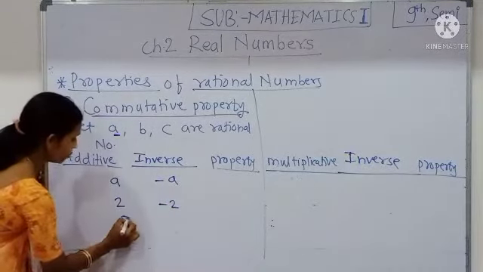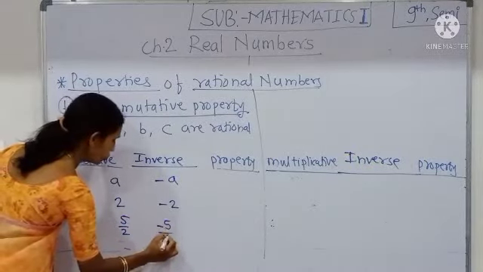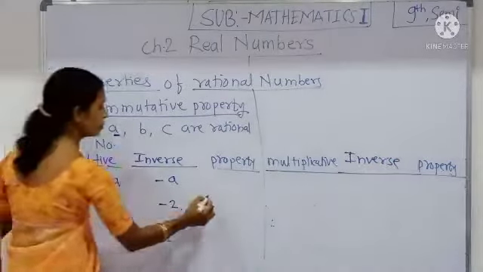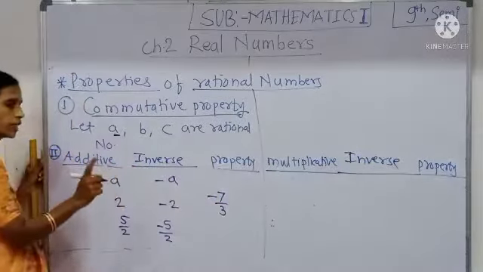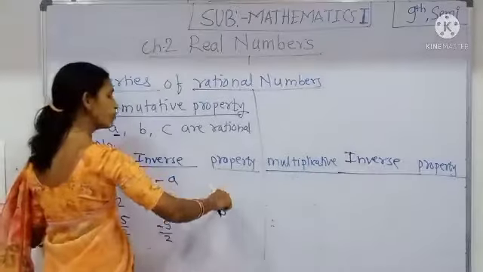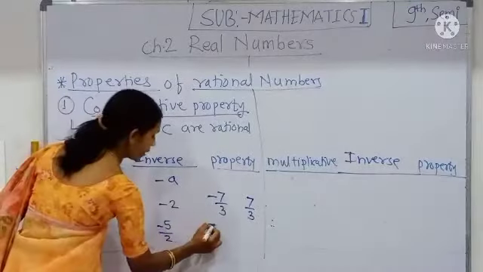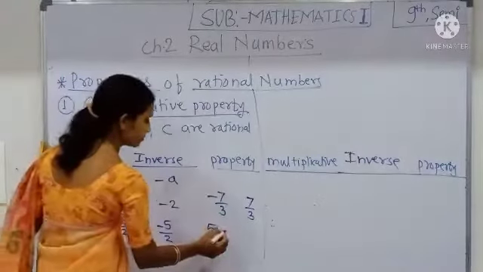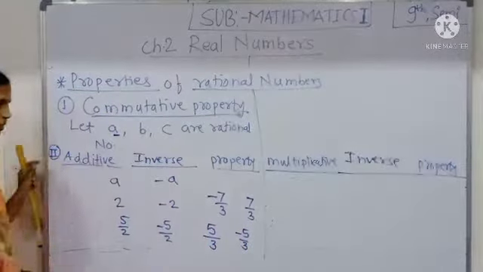Similarly, 5 upon 2 is a rational number, then minus 5 upon 2 is its additive inverse. If minus 7 upon 3 is a rational number, then additive inverse of minus 7 upon 3 is 7 upon 3. If 5 upon 3 is a rational number, then minus 5 upon 3 is its additive inverse.